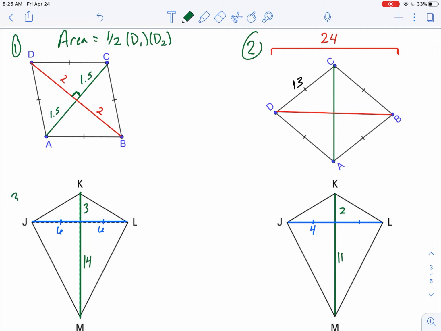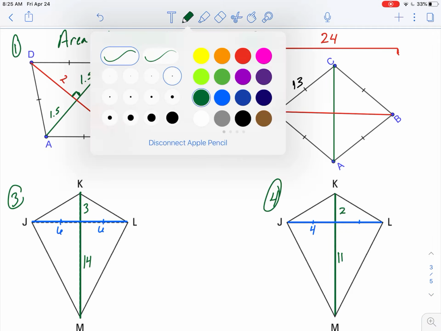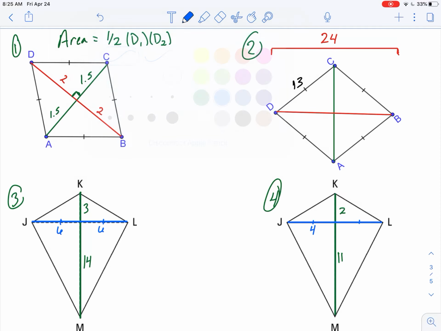So to find our area is going to be equal to 1/2 of diagonal 1 times diagonal 2.